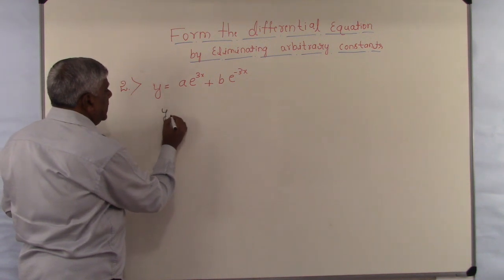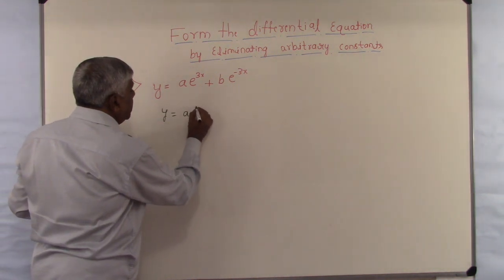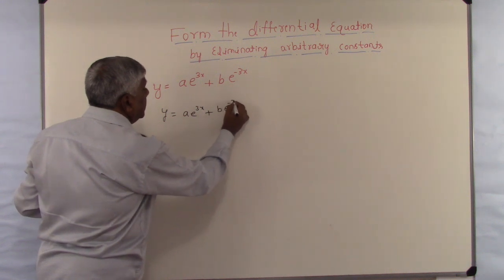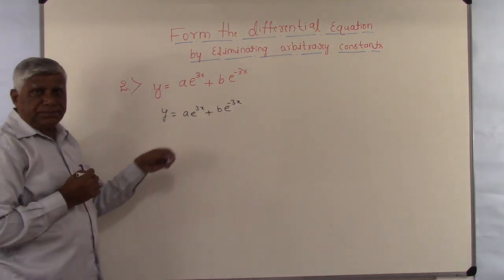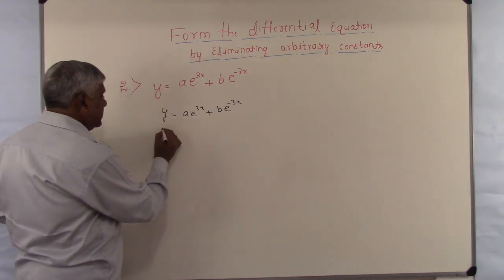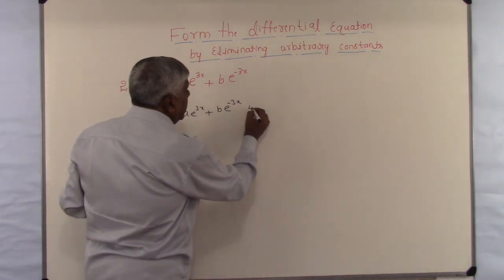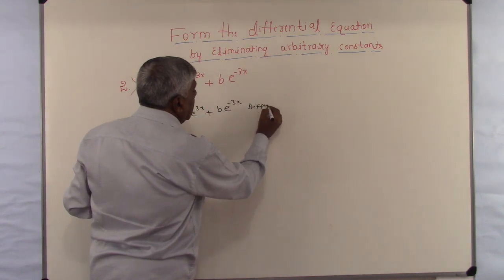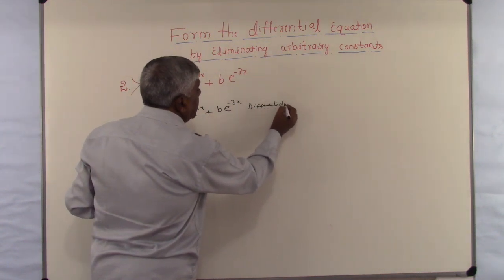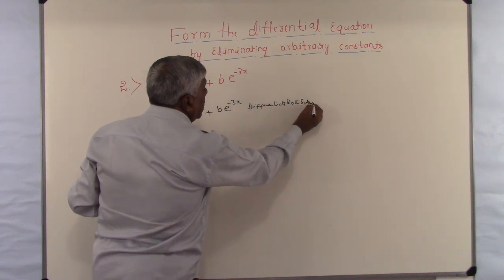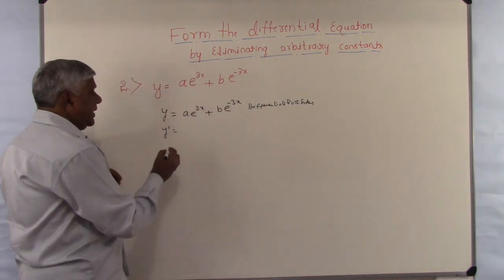Here y is equal to a e to the power of 3x plus b e to the power of minus 3x. Now y dash is equal to, differentiating both sides, what we get?